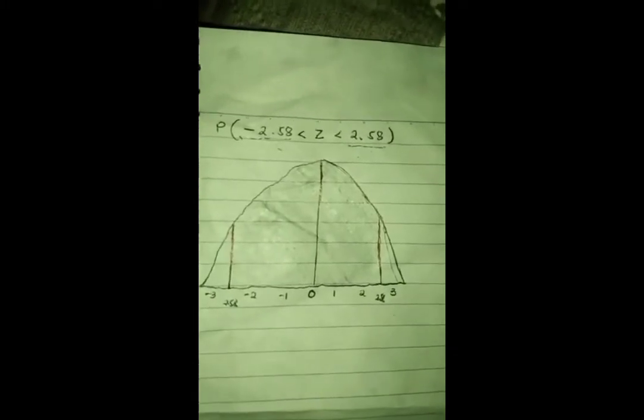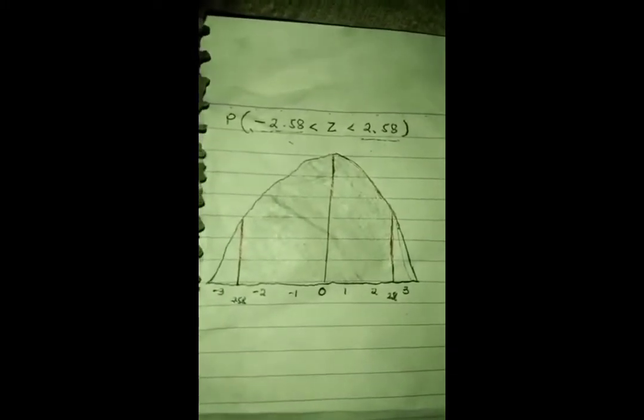Again, since the mean is included in the shaded region, the areas must be added. So 0.4951 plus 0.4951 is equal to 0.9902. So 0.9902 is the area of this problem, or 0.9902 is the answer.